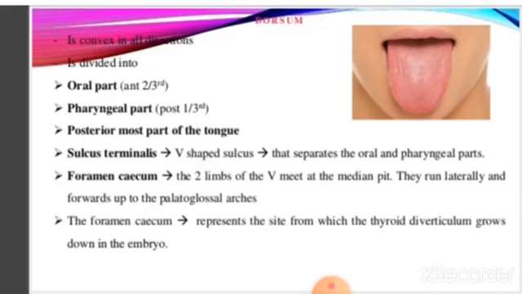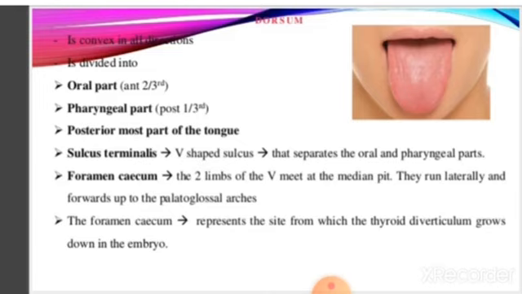It has three parts: the oral part, which is the anterior 2/3, the pharyngeal part, which is the posterior 1/3, and the posterior-most part of the tongue, which is attached to the hyoid bone. Now there is the sulcus terminalis, a V-shaped sulcus that separates the oral and the pharyngeal parts.